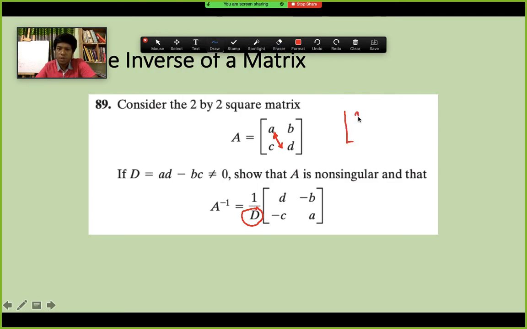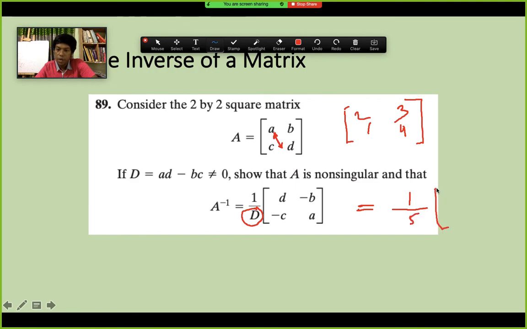Let's say suppose I write here 2, 3, 1, and 4, a 2 into 2 matrix. If you have practiced it using this formula, it is very easy to do the math. So 1 divided by AD minus BC means 2 into 4 means 8, and this is 3 into 1 means 3, so 8 minus 3 means 5.